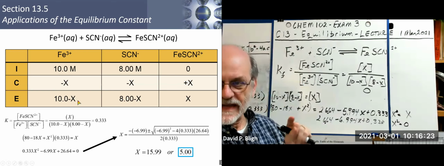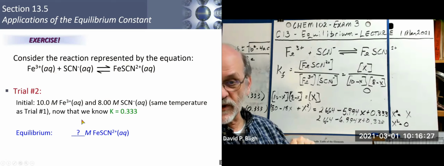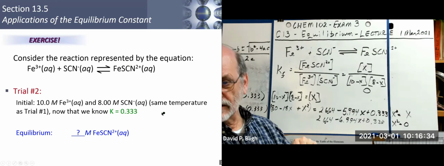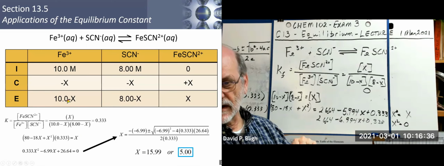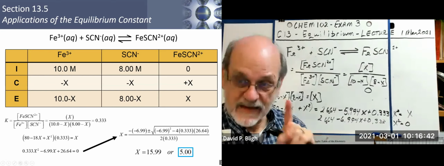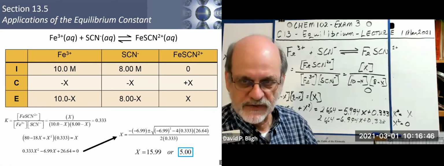That's the new equilibrium position. Remember from a previous slide here, equilibrium position is 2, 6, and 4. Right? That's a lot different than 5, 3, and 5. But the K is still the same. It's just a different equilibrium position.